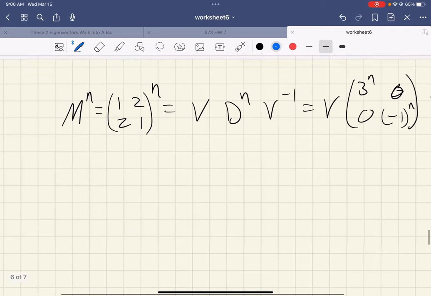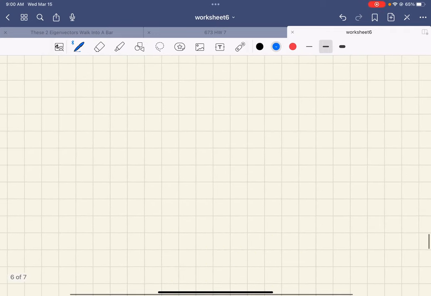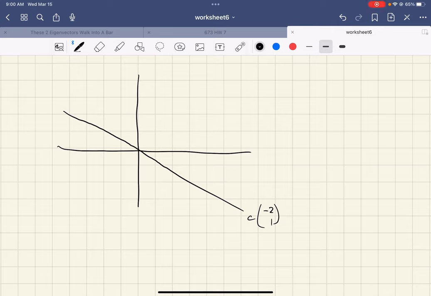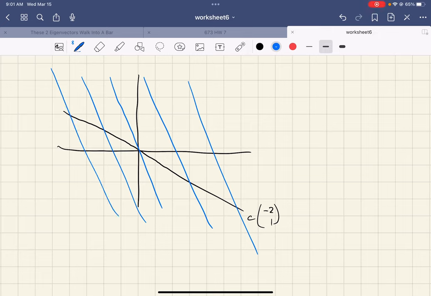So we end up getting a picture. This is our null space. This is our copies of, what is this, (-2, 1), something like that. Except we want the span, so I'll just put a c in front. And then we have all these parallel translations of that other line. And then the idea is you're pulled towards the black line. So stuff above gets pulled down, stuff below gets pulled up.